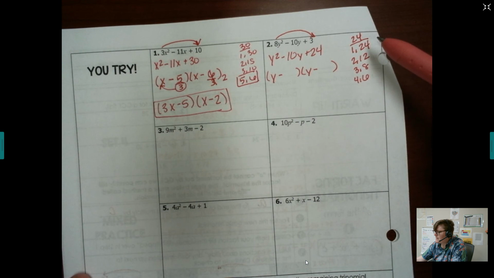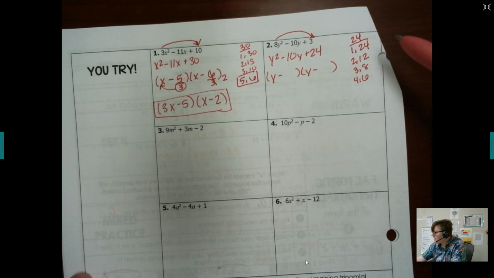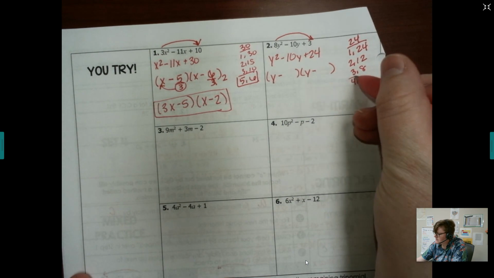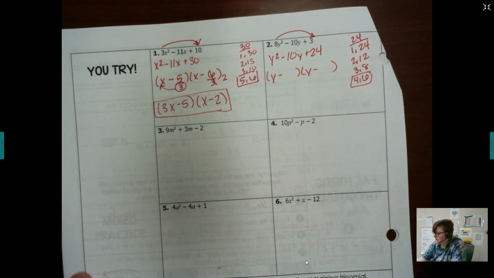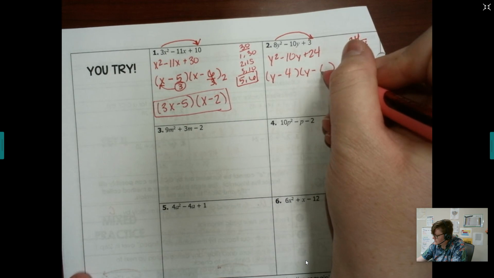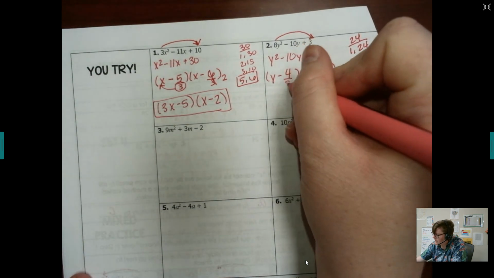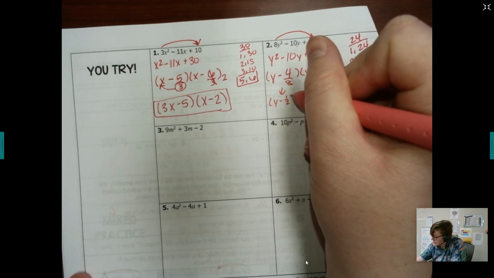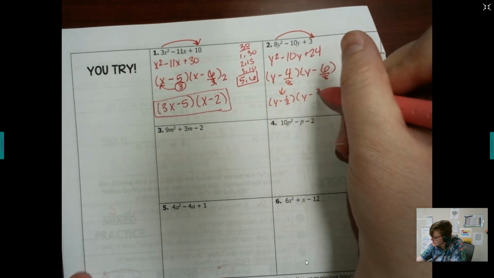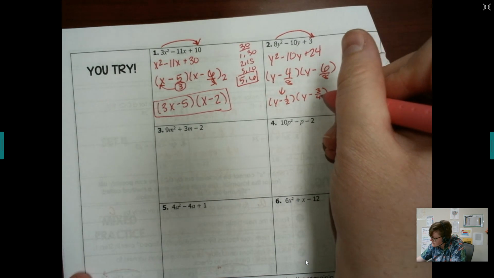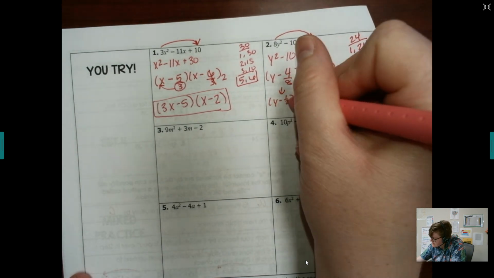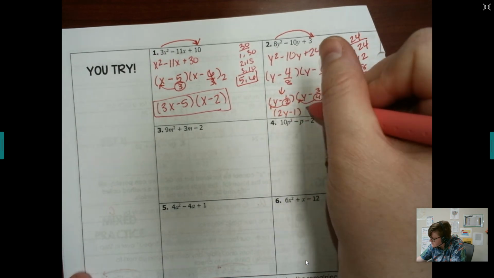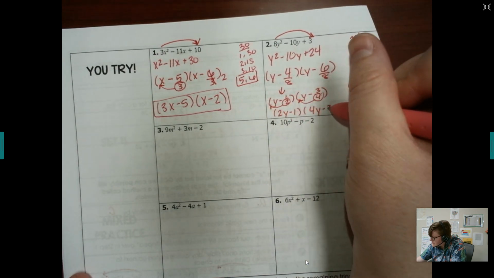Adding up to 10, these ones make 25, 14, 11, and 10. Okay. Order not important here. And then we're dividing by 8. So y minus 1/2, y minus 3/4. Bring those denominators up to the front. 2y minus 1, 4y minus 3.